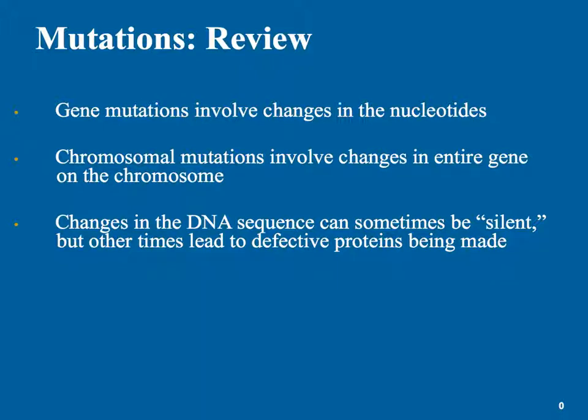And then remember, a frame shift mutation, a lot of times we'll refer to that as a missense, because a base has been added or deleted and it causes a shift in the reading frame. And sometimes, with that shift, the ribosome never reads a start codon, so the protein is never made in some of these. So know the different types of mutations. Know the outcome, what happens in each.